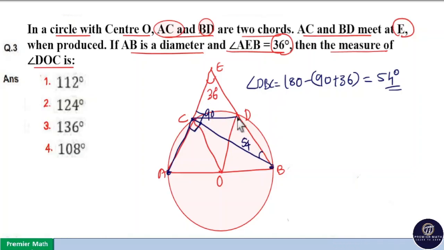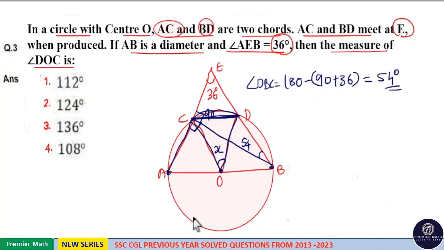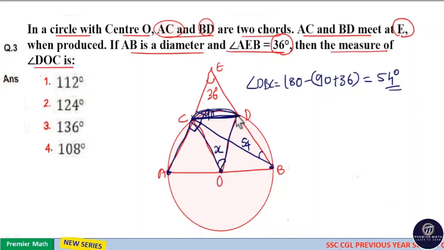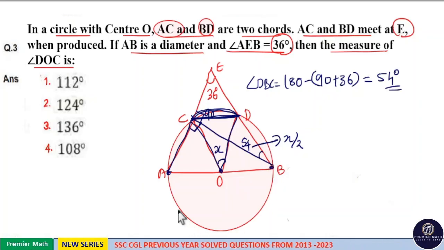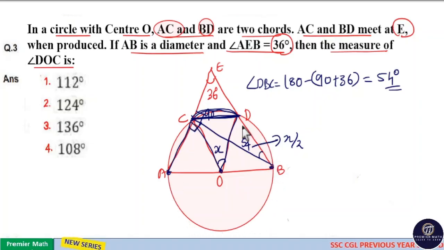Now here you can see this is arc CD. If arc CD creates angle X at the center, then the same arc CD can create X by 2 at any point on the remaining part of the circumference of the circle.